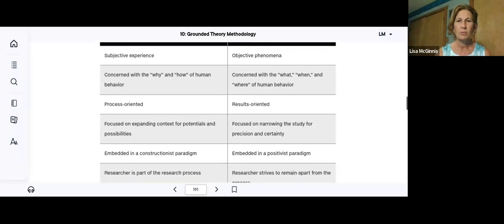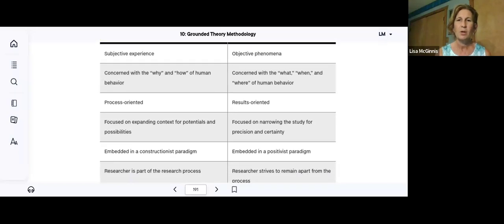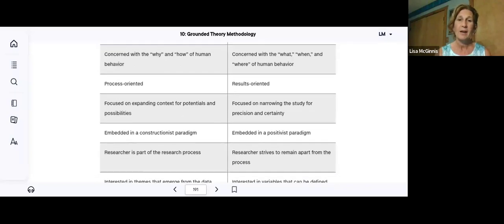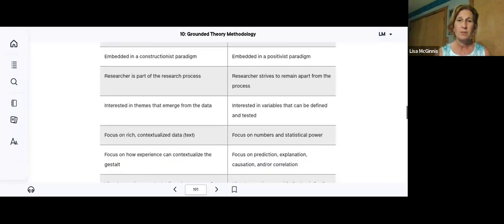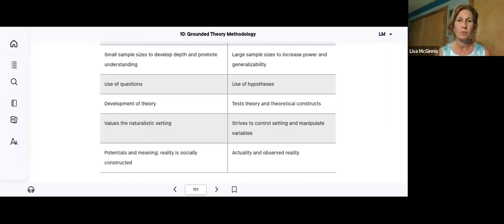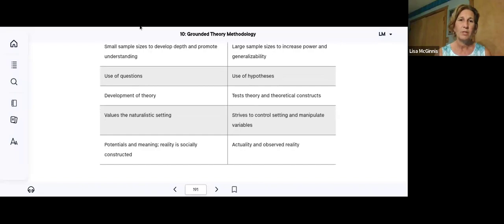So I think this really helps us to understand the way that we're looking at the information and the way that we're looking at the data and how that differs. So I would definitely keep this in mind as you are moving forward and helping you to understand the data that you'll be interested in our qualitative piece of our class.